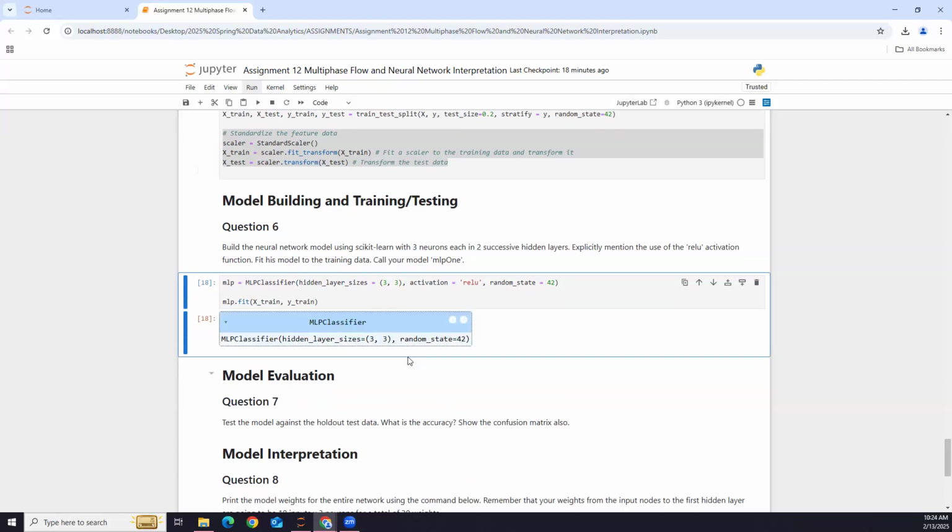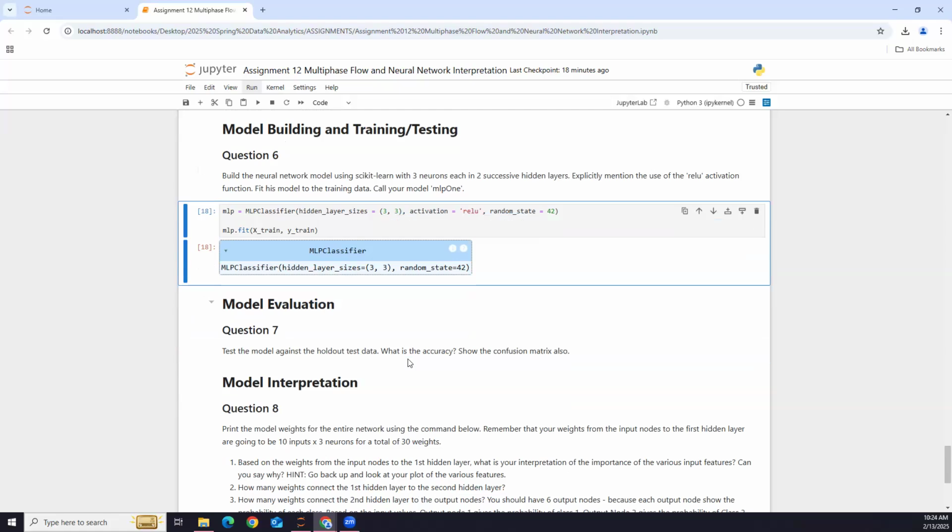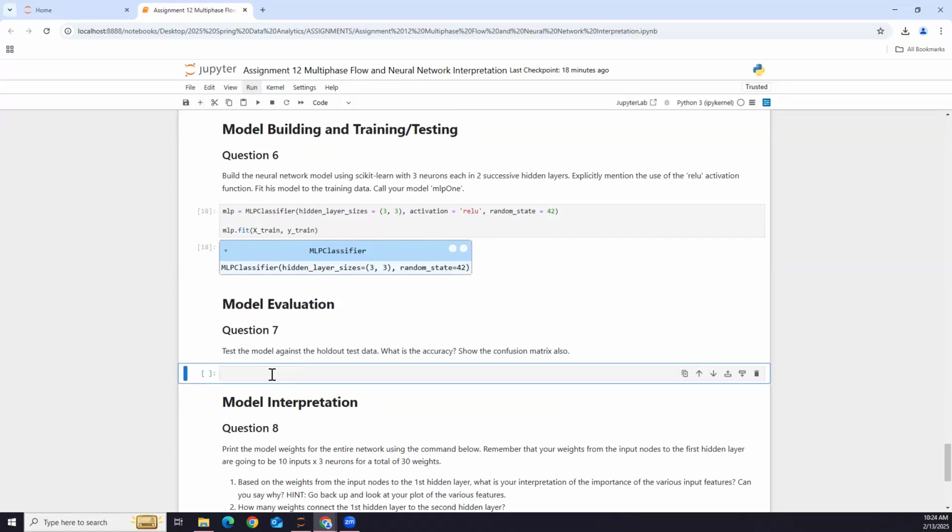And there we go, we're finished training, but we don't know how well this model is going to do. So we apply it against the holdout test data set. And for that, we need to define a new variable. Let's call that the predicted label. And that's going to be using the model MLP, and we're going to make predictions on my test features.